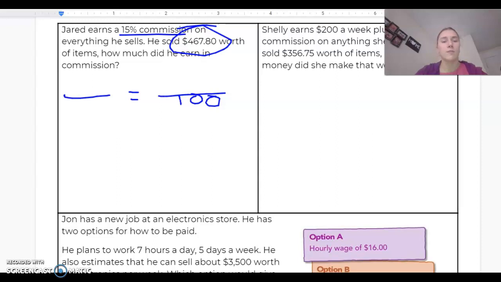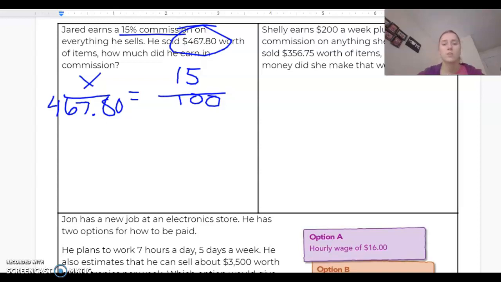And we have 15% commission, so that 15% is going to go here. And we know that our total is our whole also, so that total is going over here, 467 and 80 cents. Okay, and then we're solving for x, where we want to know how much money he earned in commission.